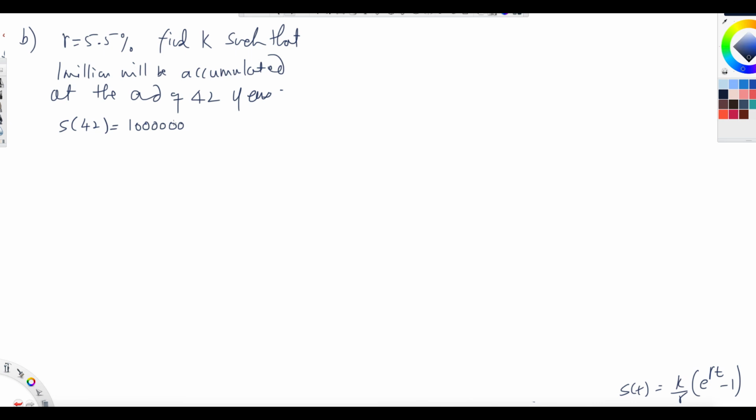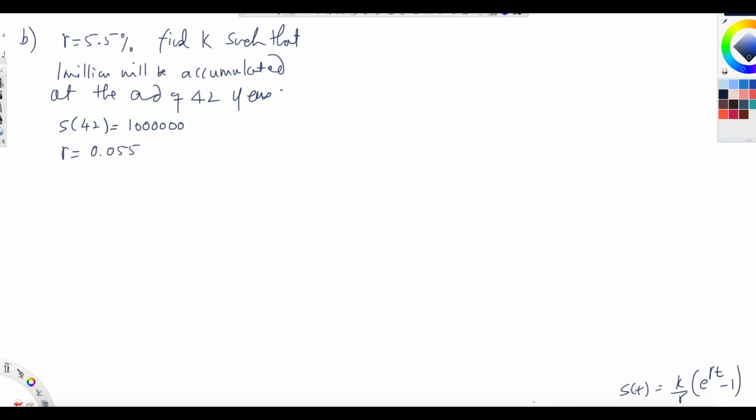This is what is given. Now you use that and solve for k, because r is given. So what is r? R is given at 0.055.